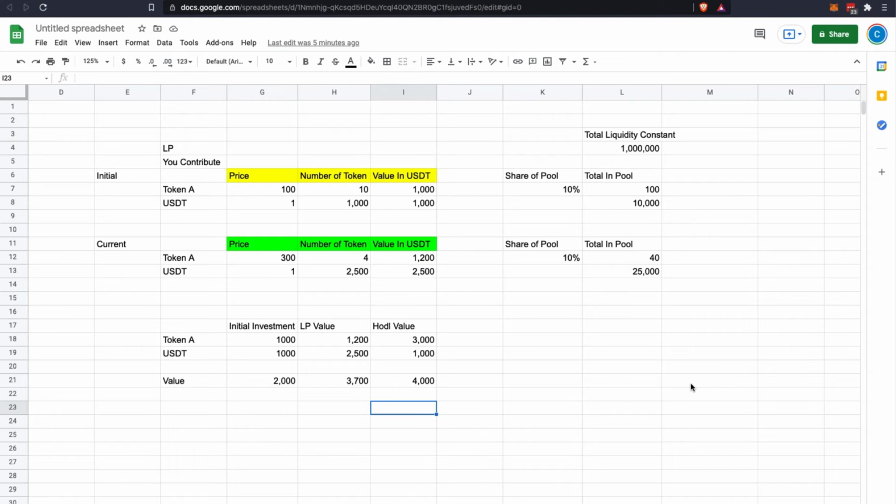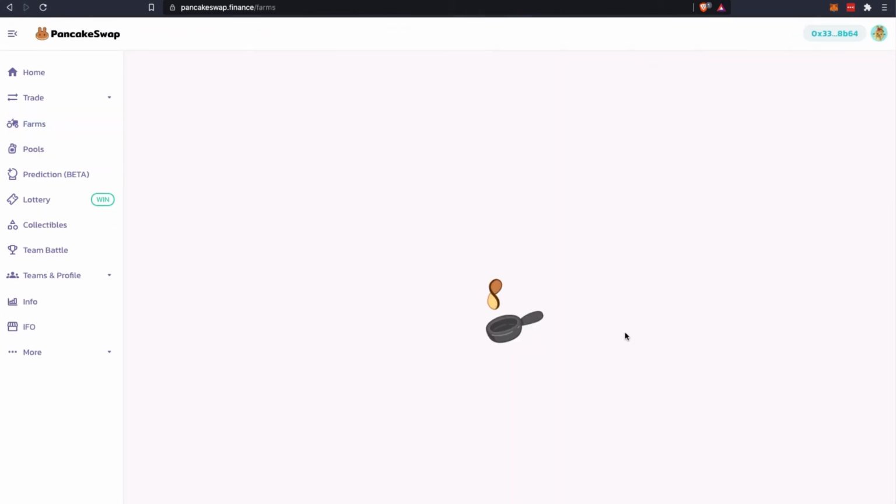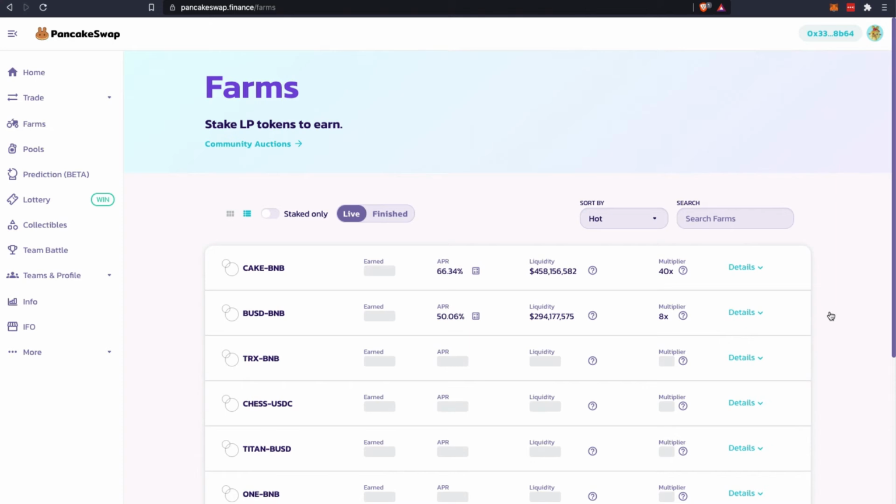And naturally the next question is, what should you be doing with your LP tokens? What you should be doing is staking them into the farms. For example, you have created your LP tokens and you go to the farms here on PancakeSwap, and you stake them into these farms for as long as possible to accumulate rewards.